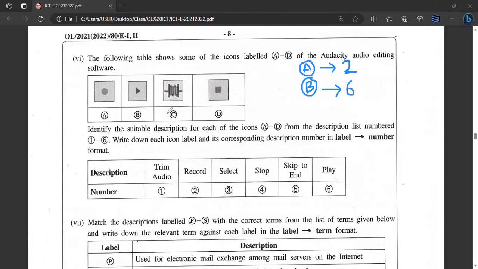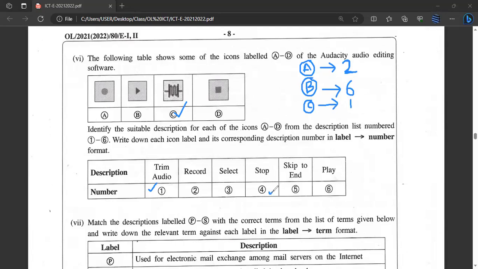Then C is trim audio. So the number will be 1. So C 1. Then D is stop.